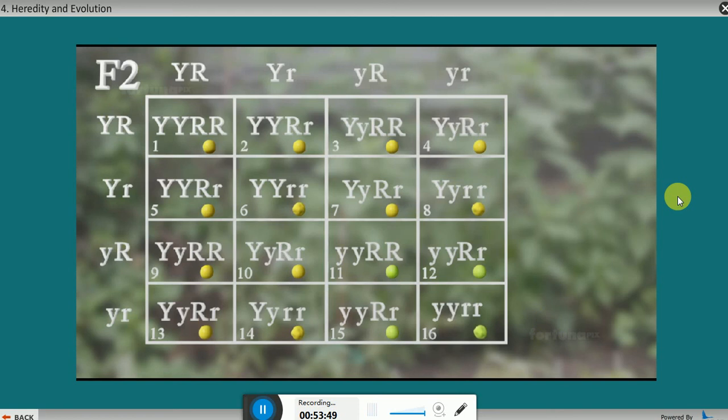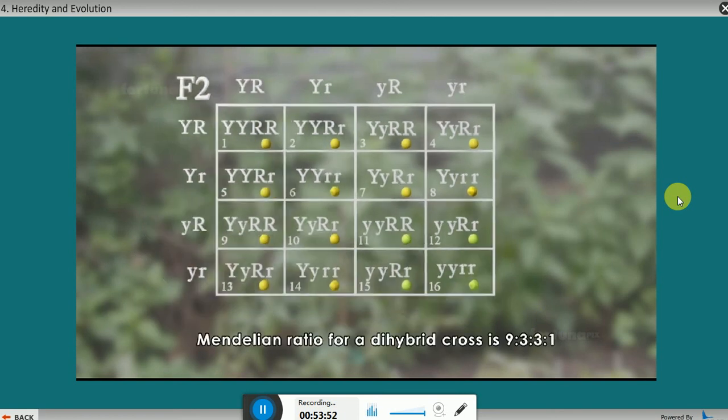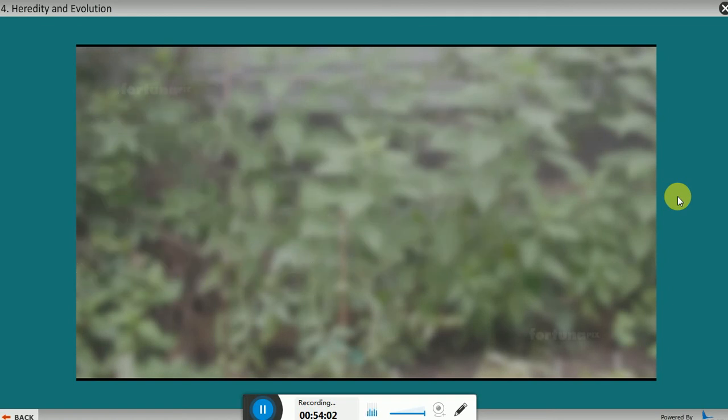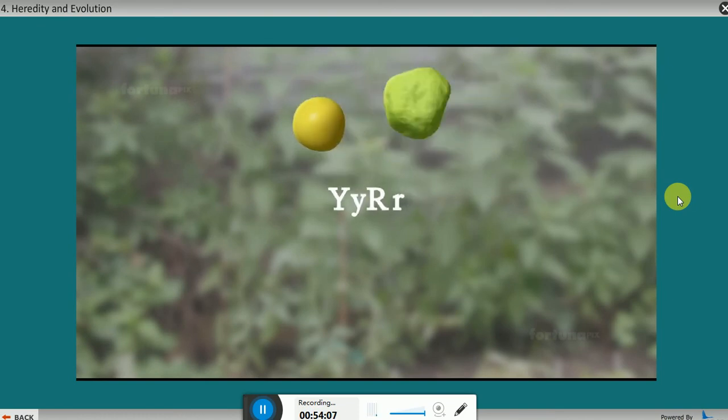Thus, the Mendelian ratio for a dihybrid cross is 9:3:3:1. From the results of the dihybrid cross experiment, Mendel theorized the law of independent assortment, which states that each pair of alleles will independently segregate during gamete formation.